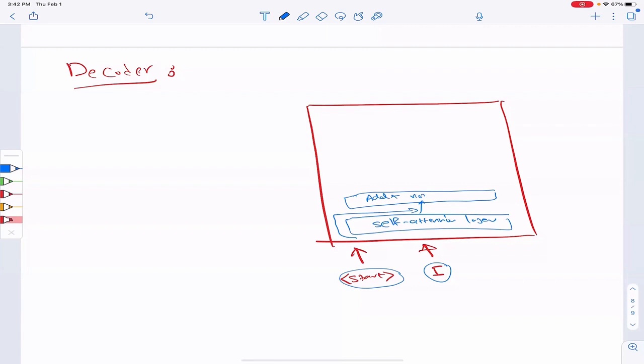Add, and you can add a normalization. And perhaps use the same or similar feed-forward neural network architecture. Add and normalize.